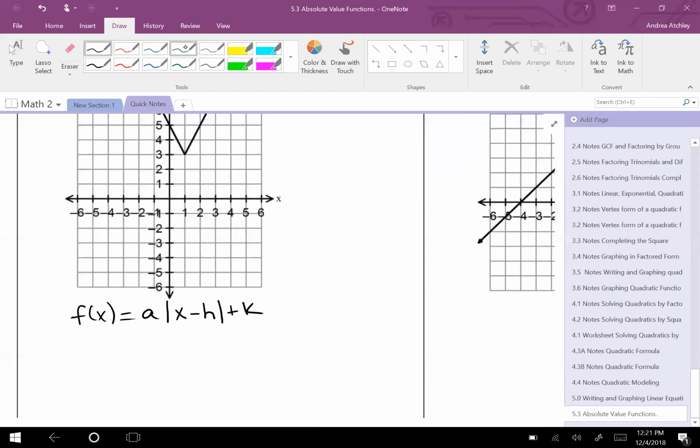So we need to identify the vertex, which is right here. So the vertex is 1 and 3.